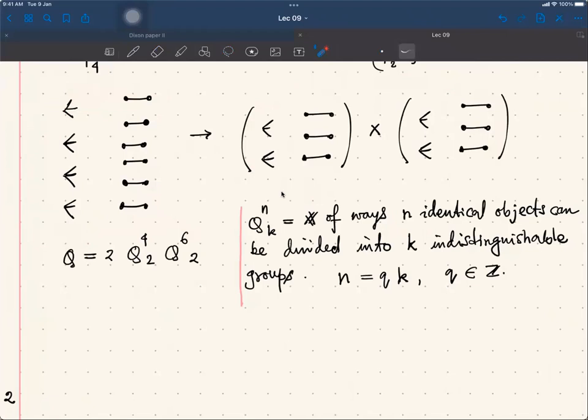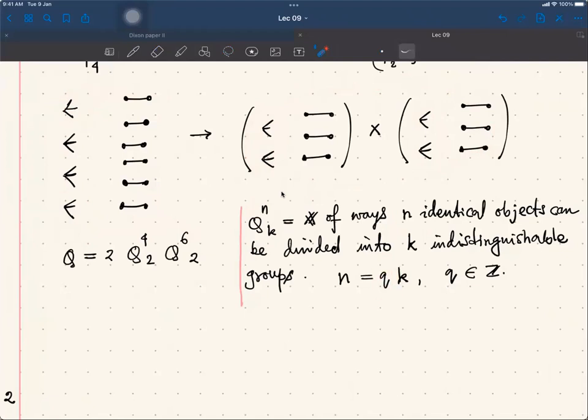The reason is that to get this configuration, we have been given 4 vertices, and we are separating them into 2 groups each having 2 vertices. That is exactly what I'm doing here. We start out with n objects, which are all identical vertices, and we are separating them into 2 identical subgroups, each having 2. So q is 2 here.